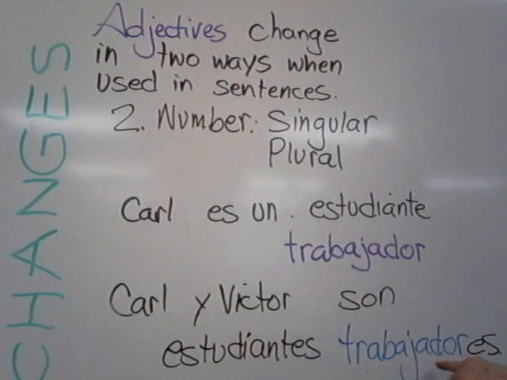And therefore with this one, if we want to make it plural, we can't have trabajadors. That sound can't work in Spanish, the R and the S together. So we put in our spacer vowel that we talked about earlier, and it has to be trabajadores. That is the plural masculine form of any adjective that would end in an R.